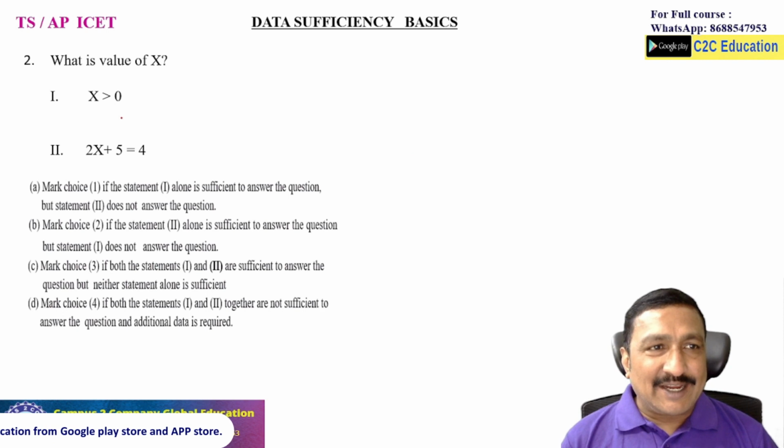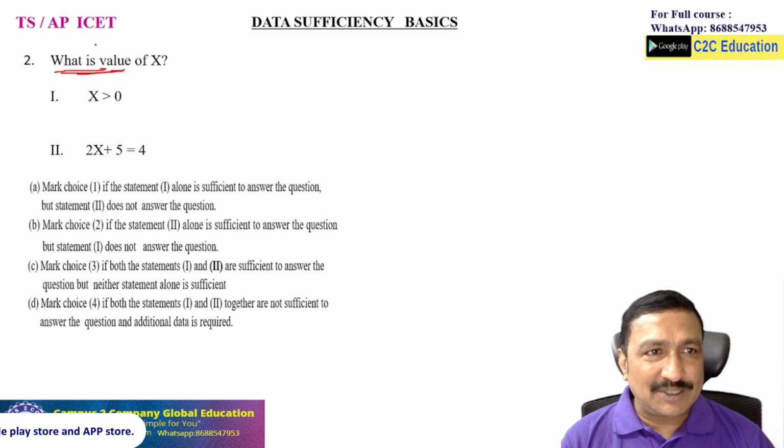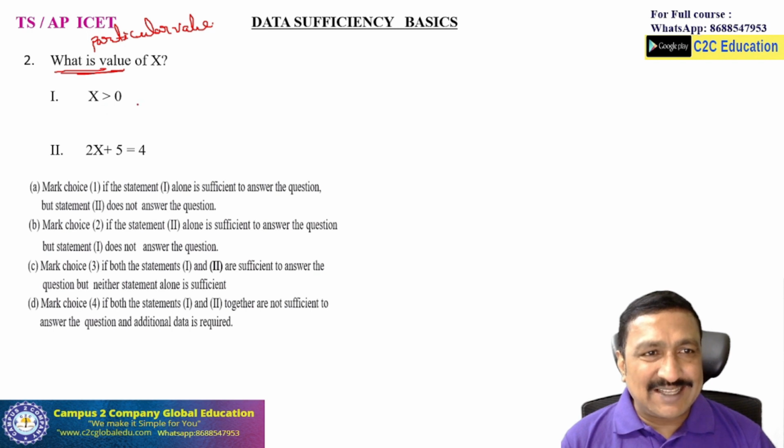Now look at the second question. What is the value of x? Here also remember, whenever they ask what is the value, we have to say a particular value. We should not say more than one value. Now, the first statement: x is greater than 0.